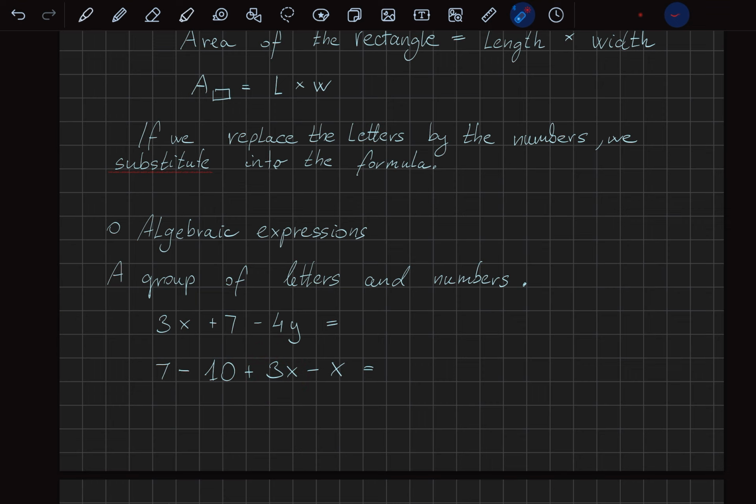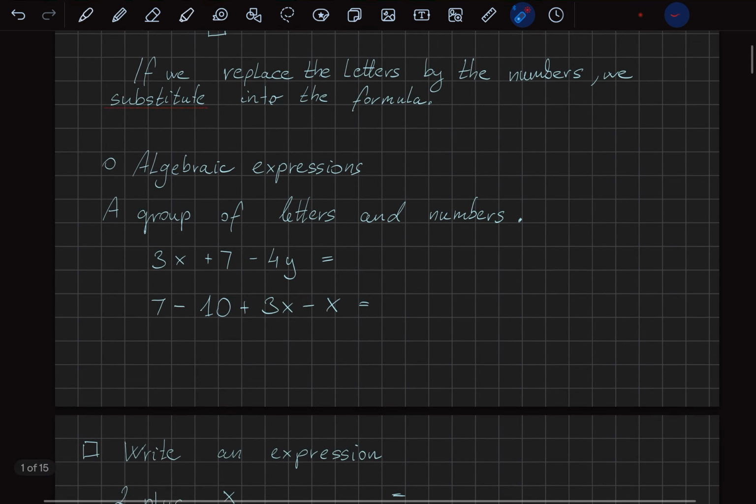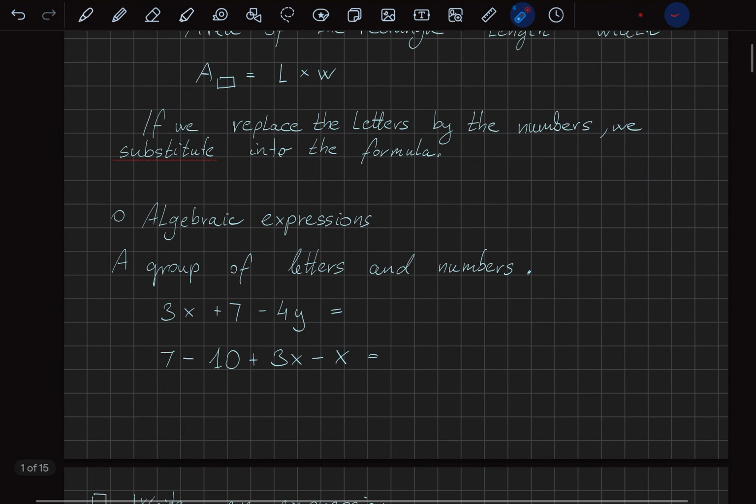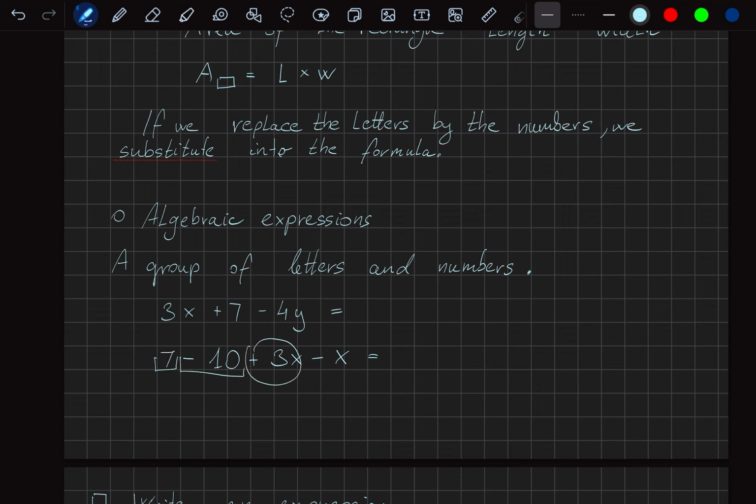I can basically calculate this, but I cannot calculate the value of x. I can collect 7 minus 10, that is minus 3, plus 3x minus x, so plus 2x.